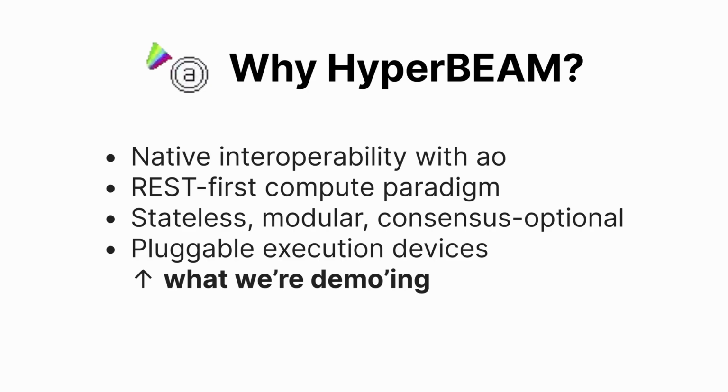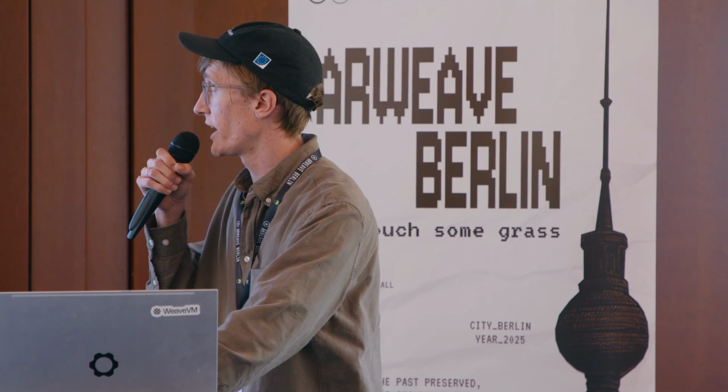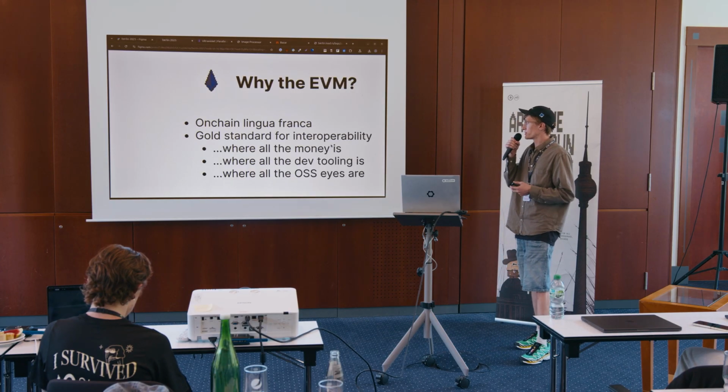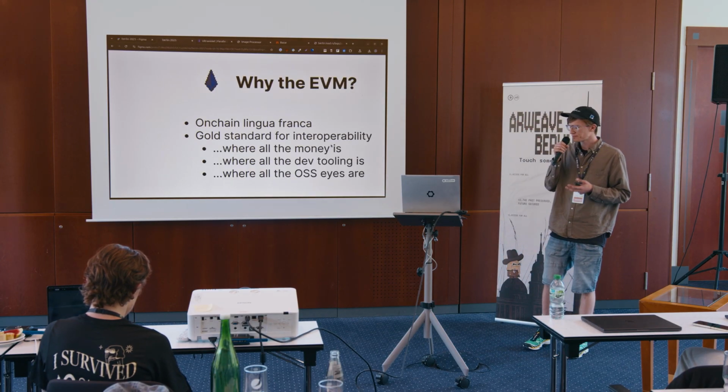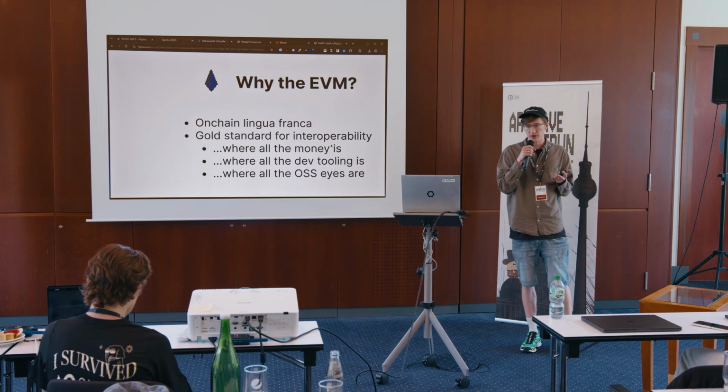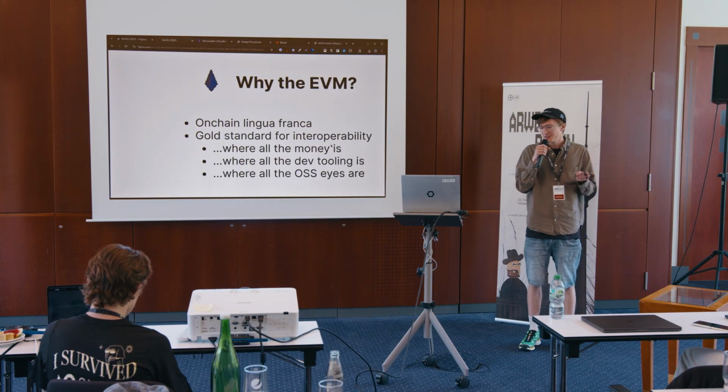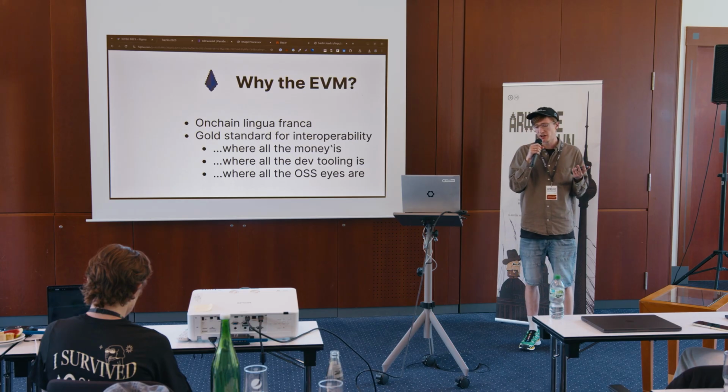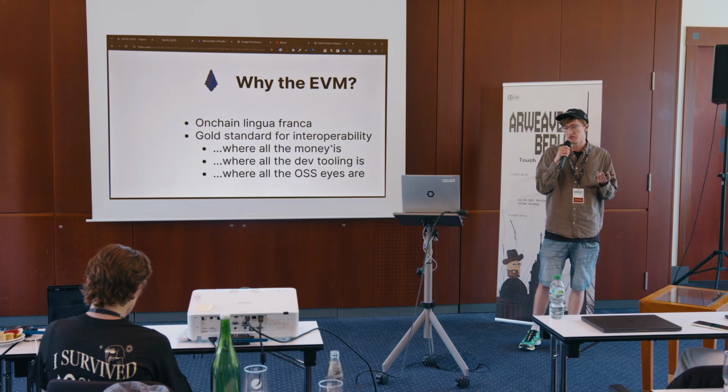One of the things is, obviously, you can literally put anything inside a Hyperbeam device. We have experimented with a few things, and a couple of them are MVPs that are actually ready to check out. But it's also the question of why the EVM. A lot of AO bulls are maybe bullish on AO because it solves the problems of the EVM.